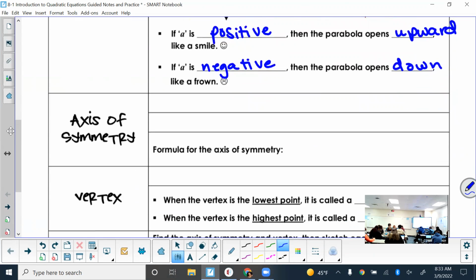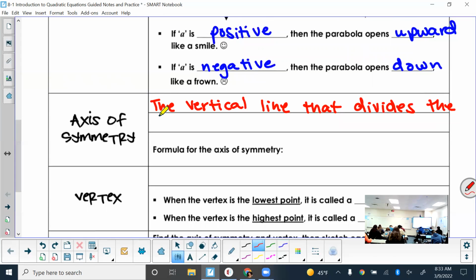A couple more vocab words. So we have axis of symmetry. That is going to be the vertical line that divides the parabola into two equal parts.